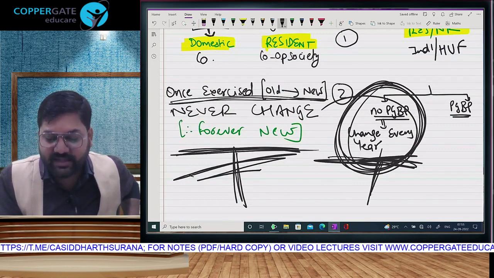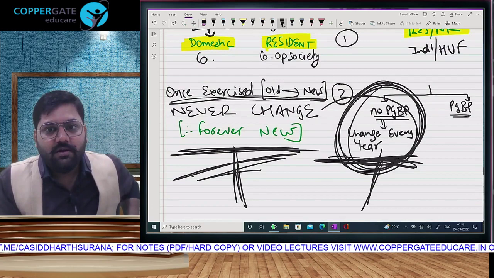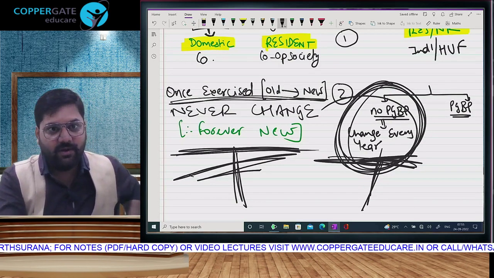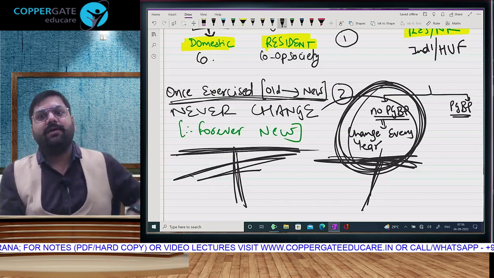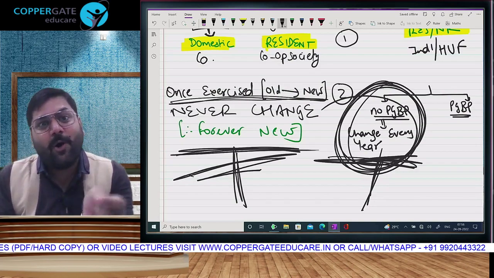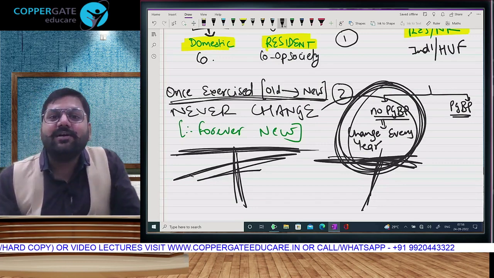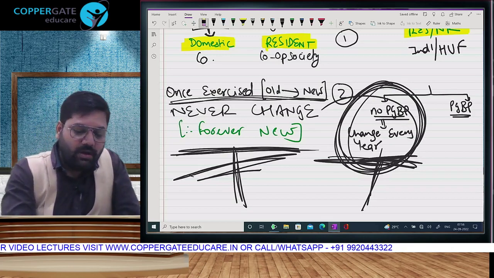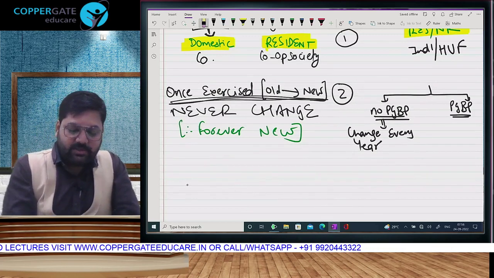But this person can decide old or new every year. Whichever year you decide before the due date, it will be new. Otherwise, by default, it will be old. Is that clear? But the point is that the option is available on a year-on-year basis to non-PGBP people. So, the easy part is over.